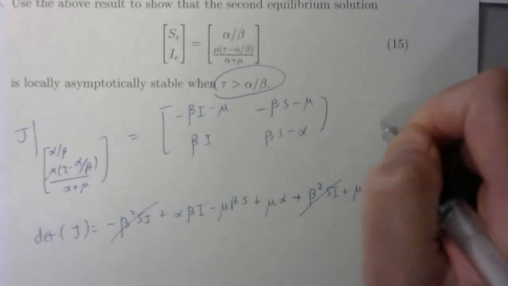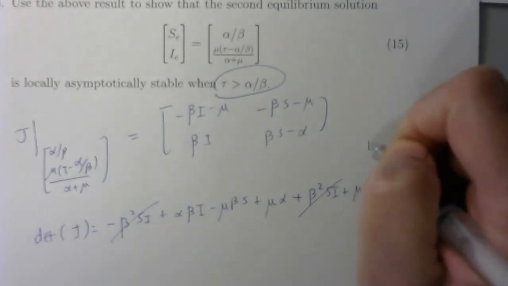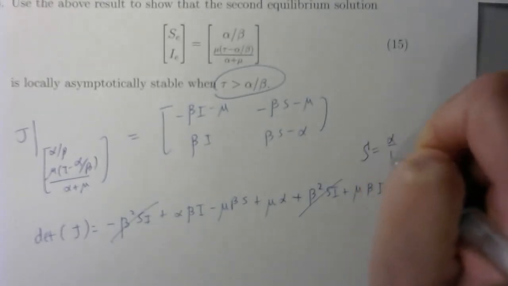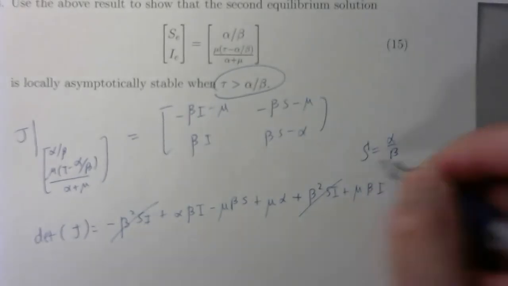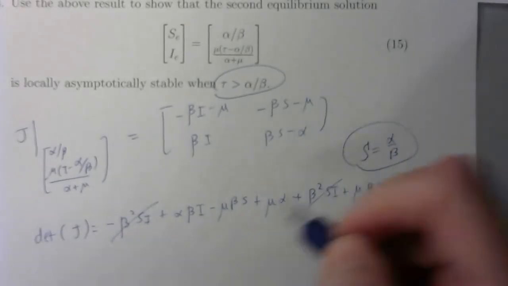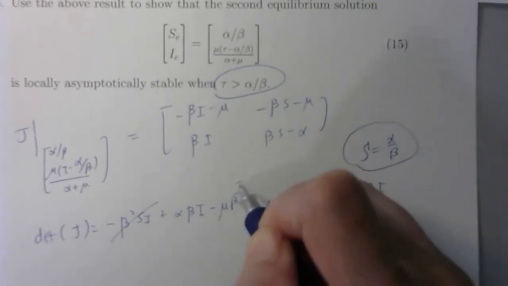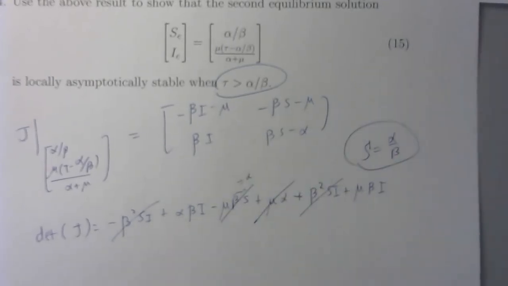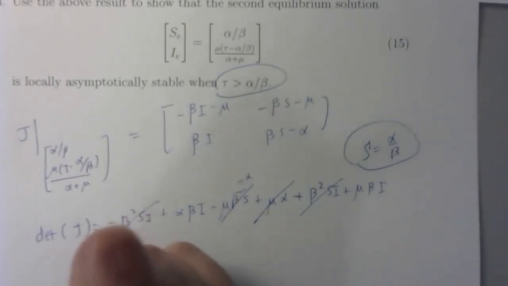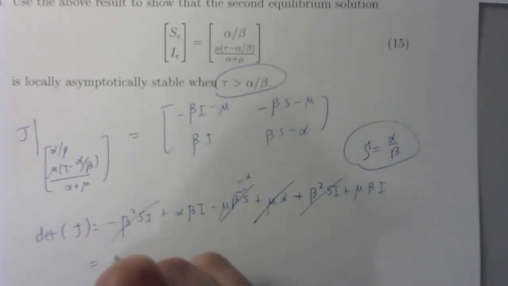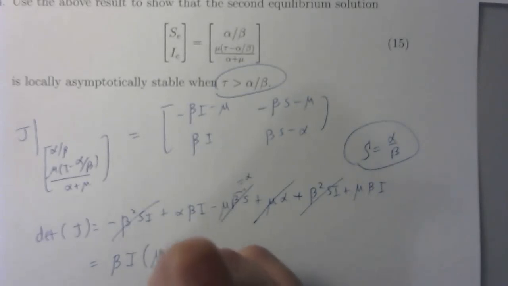We know that S is equal to alpha over beta. Of course, we have to use the fact about the equilibrium. So that means that this term here, S beta, is equal to alpha. So these guys also cancel. Okay, great. So I can simplify this a little bit, right? So I can write this as beta I, and then plus mu, or times mu plus alpha.